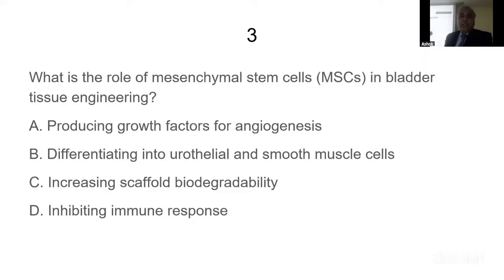So mesenchymal stem cells, which can be derived from bone marrow, adipose tissue, and skeletal muscle also. So all these tissues have mesenchymal stem cells, which can be differentiated into various other tissues like urothelial and smooth muscles.